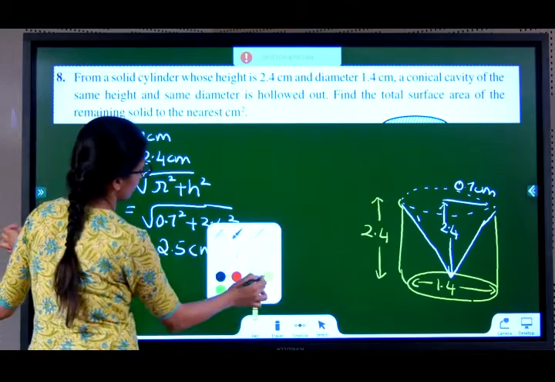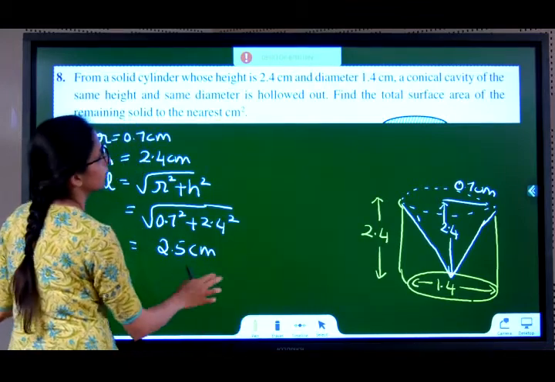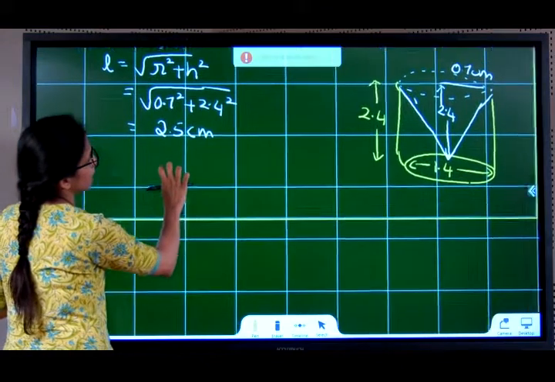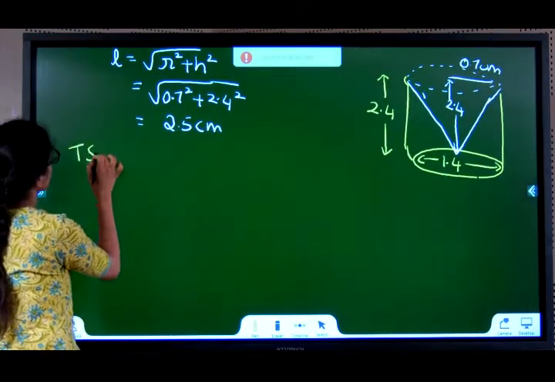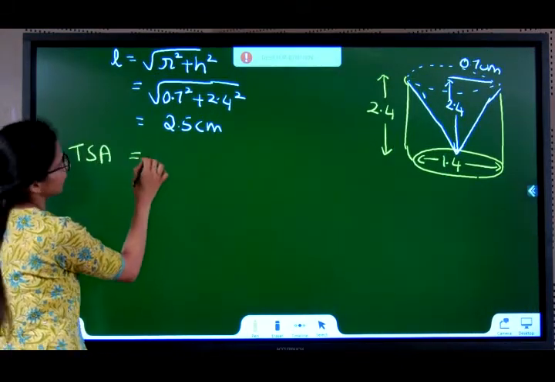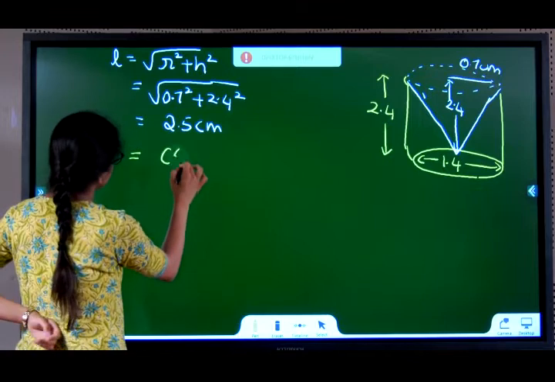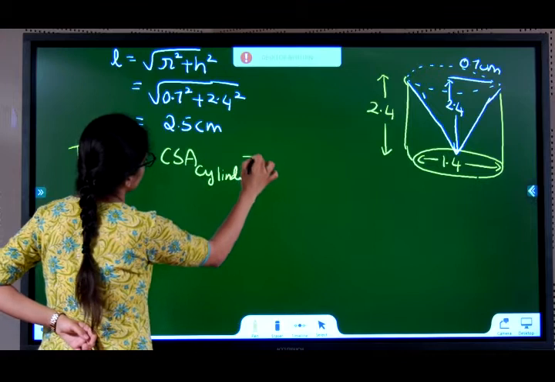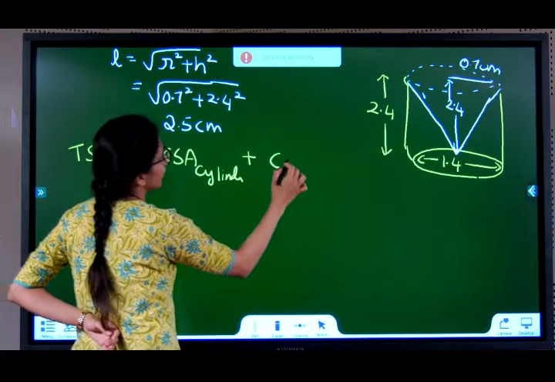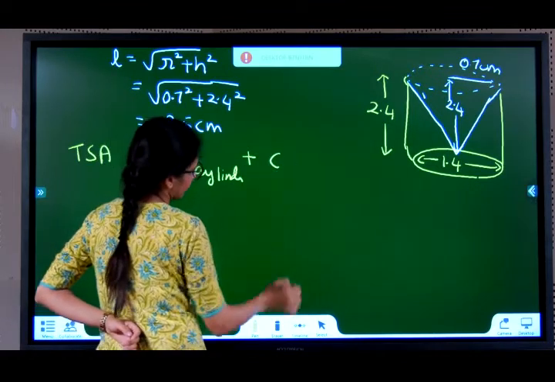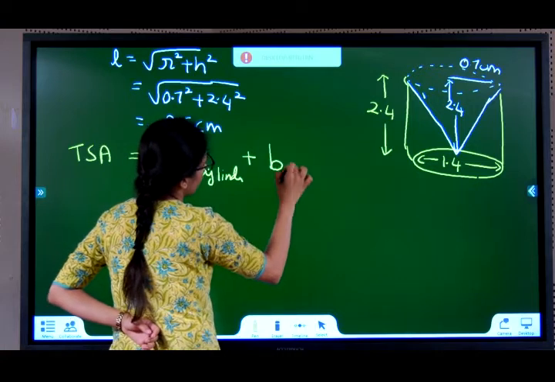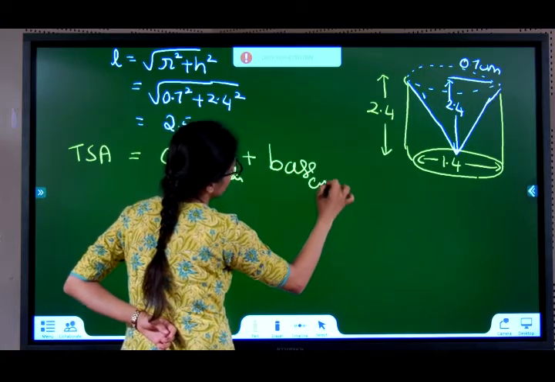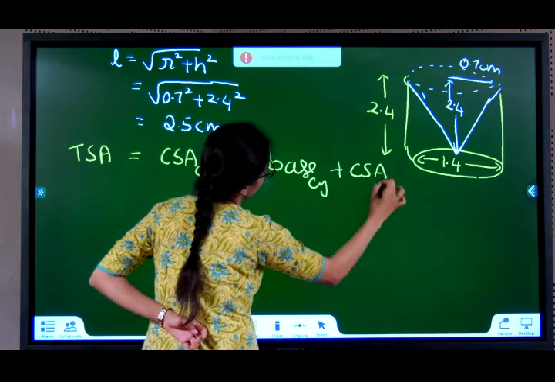Now we can find the total surface area. So TSA of the object is CSA of cylinder plus base of cylinder plus CSA of cone.